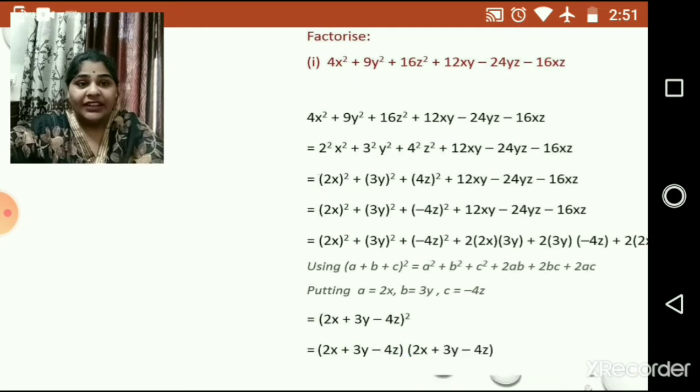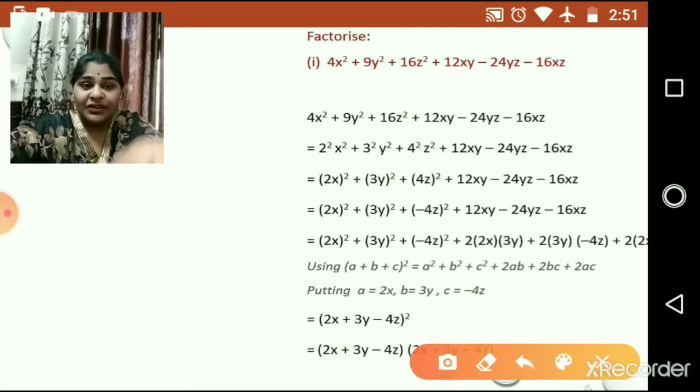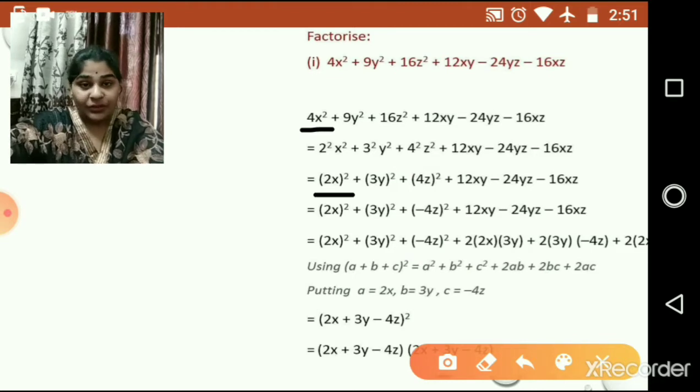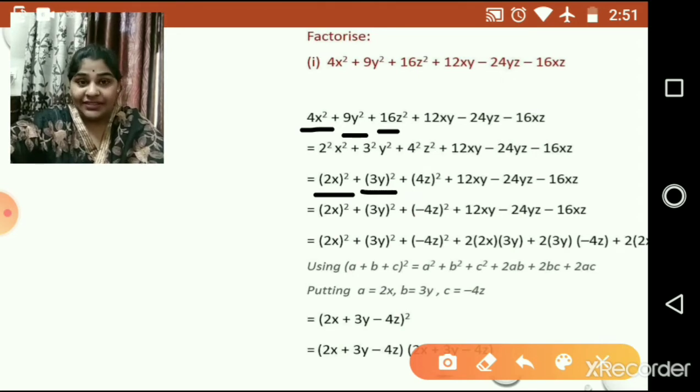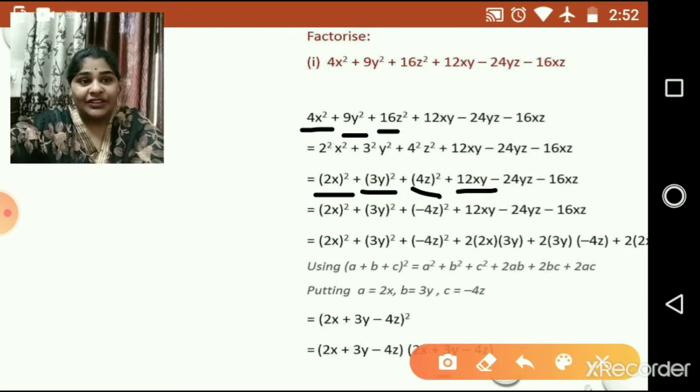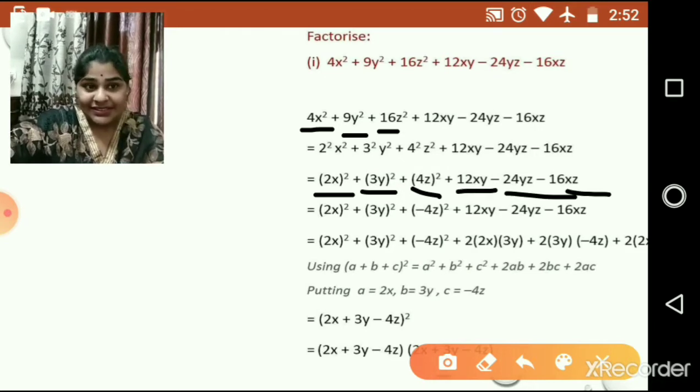So similarly for all other terms we have to write: 4x square is written as 2x whole square, 9y square is written as 3y whole square, then 16z square is written as 4z whole square. Once I got all these, the rest of the terms I have written as it is.